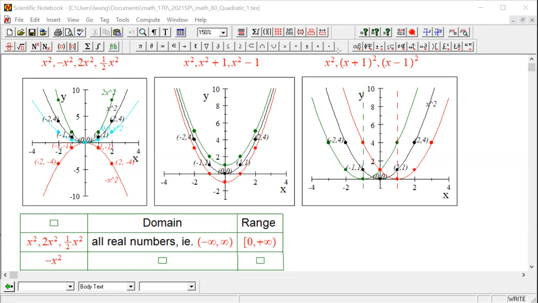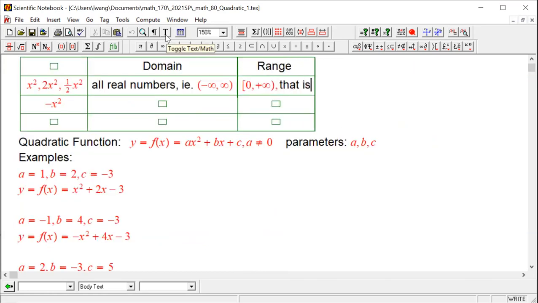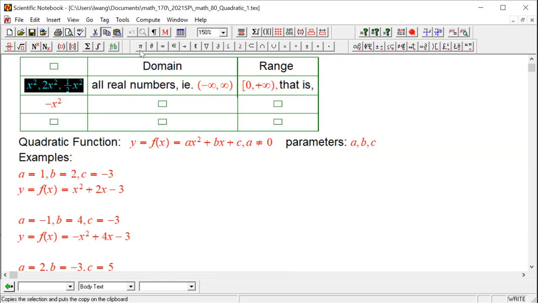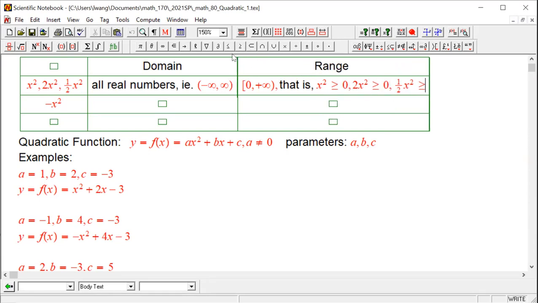And so we can say the range for all of these functions, in another form, is x squared is greater than or equal to 0. 2x squared is also greater than or equal to 0. And half x squared is greater than or equal to 0.